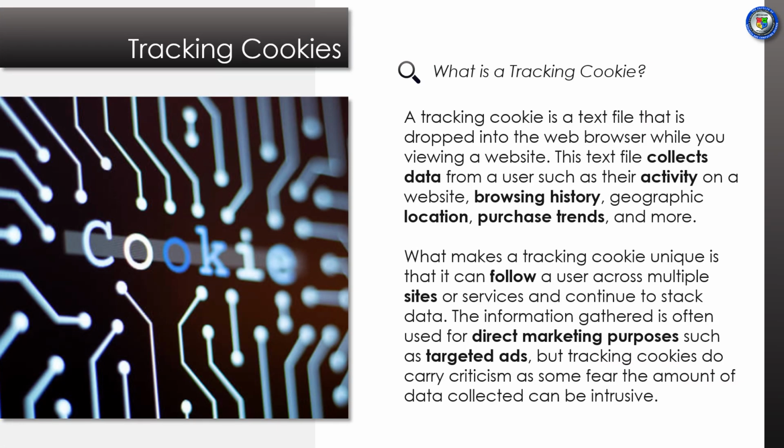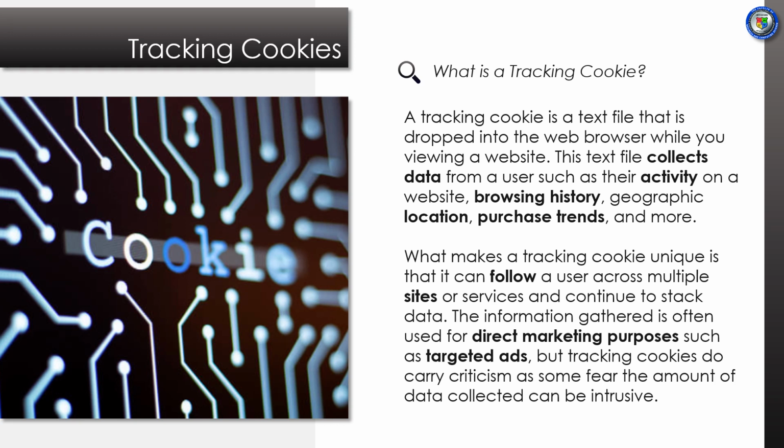Let's see what a tracking cookie really is. A tracking cookie is a text file that is dropped into the web browser while you're viewing a website. This text file collects data from a user such as their activity on the website, browsing history, geographical location, purchase trends, and much more.